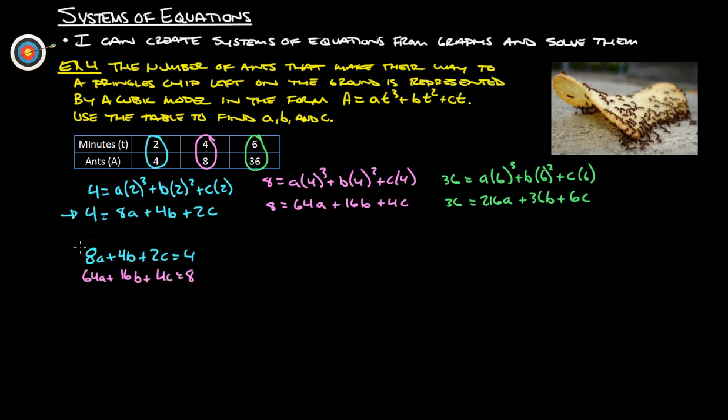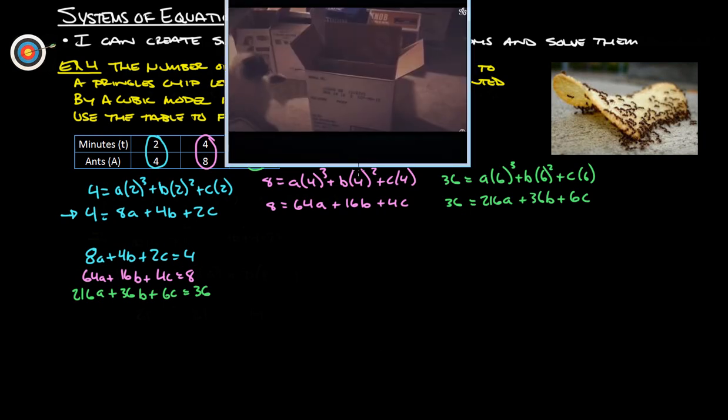And then we also have 216a plus 36b plus 6c equals 36. Okay, so this here is our system of equations. Now what we're going to do is plug this in and solve it in the graphing calculator. But before we do that, let's take a quick video comedy break, shall we?